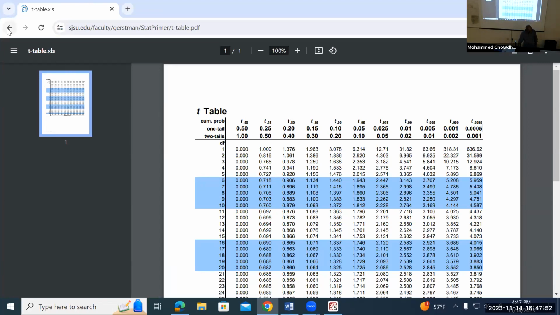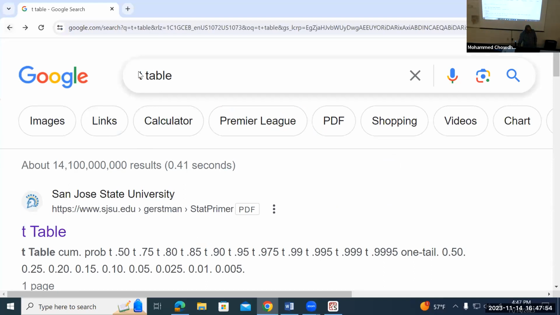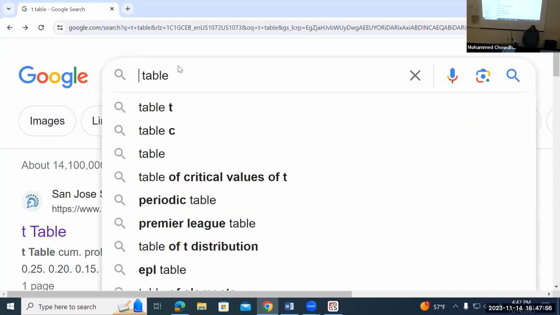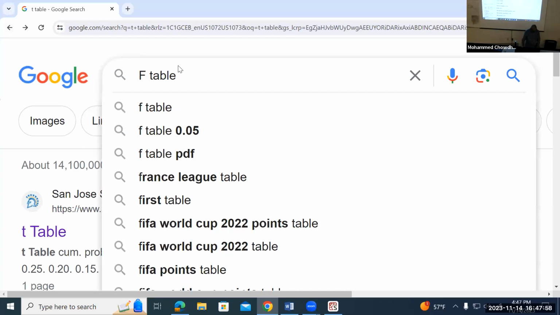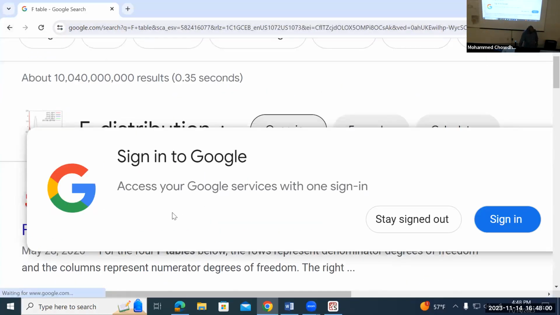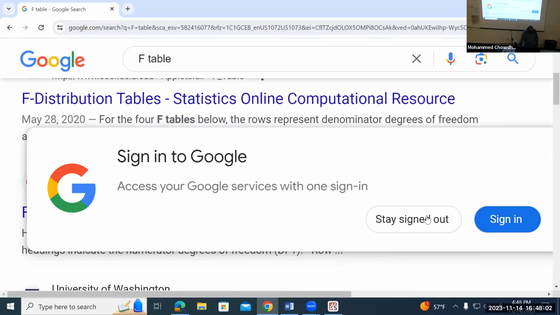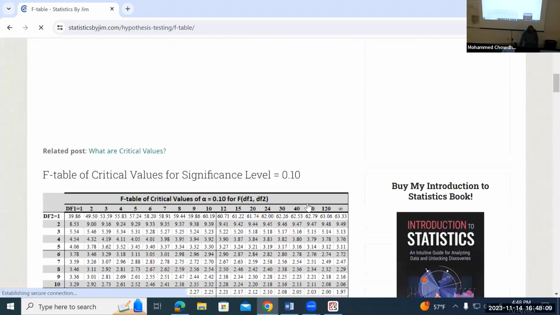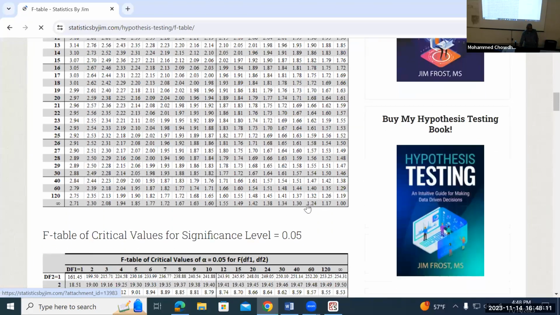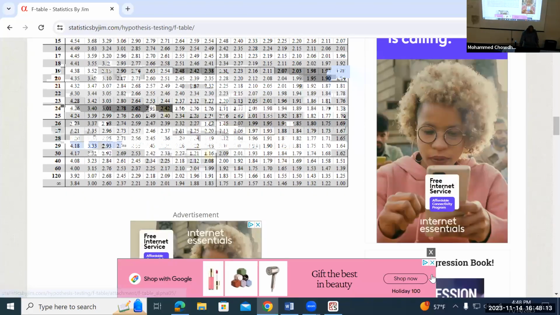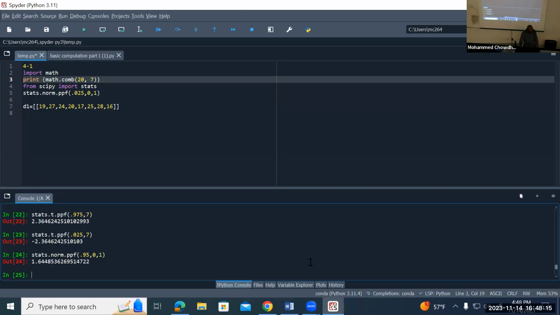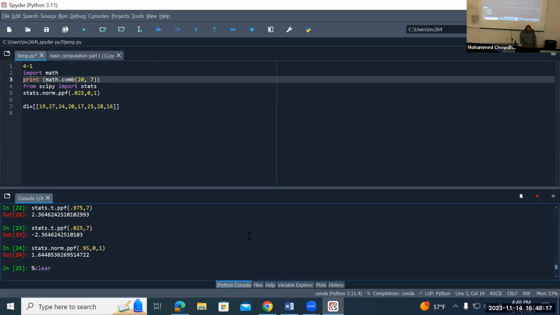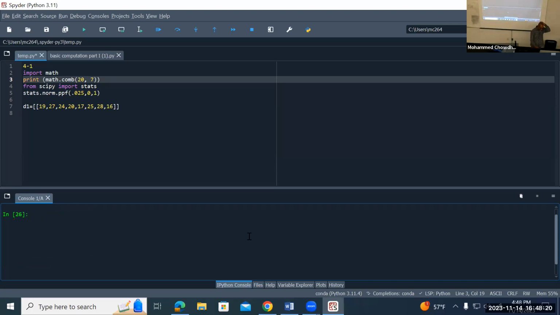During the exam time, this table was provided, and then the Z table, the F table.